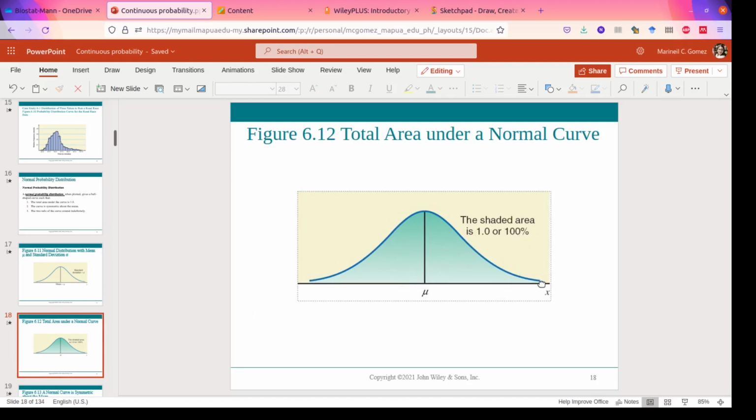Now, take note, again, this curve is asymptotic. It extends indefinitely, showing us that for a continuous distribution, you have an infinite number of outcomes. But remember, for asymptotes, as you go infinitely far away from the mean, you will get a very, very small or infinitesimal shaded region beneath the curve.